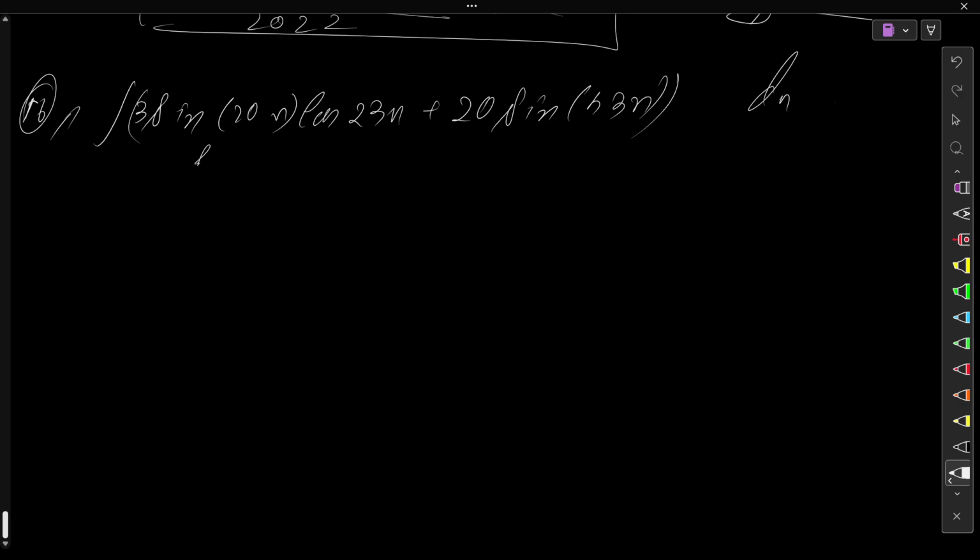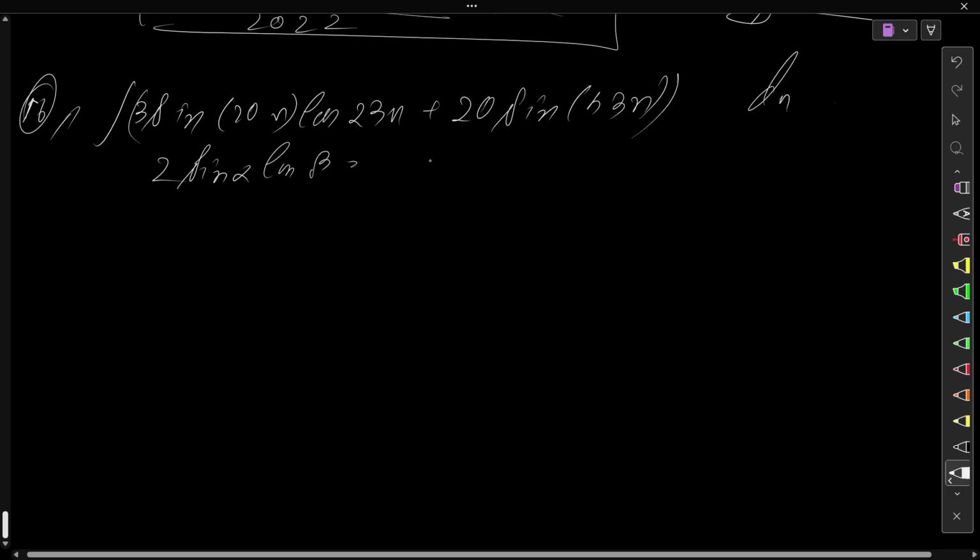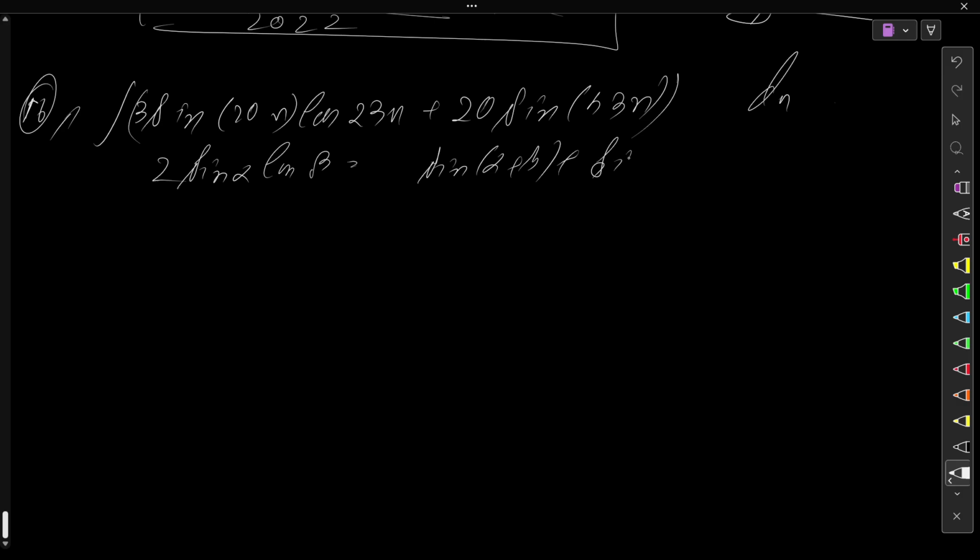As simple, I'll apply sine alpha cos beta is equivalent to sine of alpha plus beta plus sine of alpha minus beta.